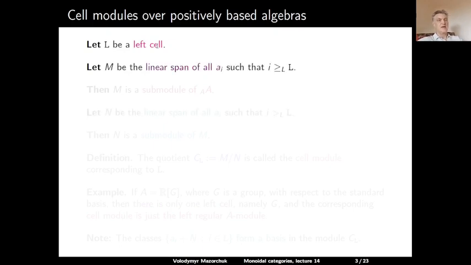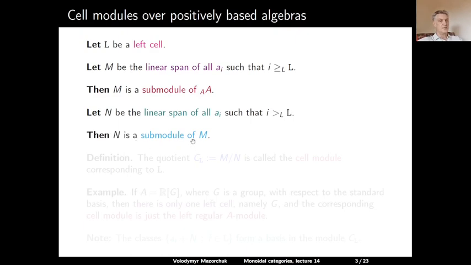Consider M, the linear span of all basis elements a_i such that the index i is left greater than or equal to our fixed left cell L. Then, of course, M is a submodule of the left regular module A. Denote by N the linear span of all basis elements a_i such that i is left strictly greater than our fixed left cell L. Then, of course, N is a submodule of M. The quotient of M modulo N is called the cell module, which corresponds to our fixed left cell L.